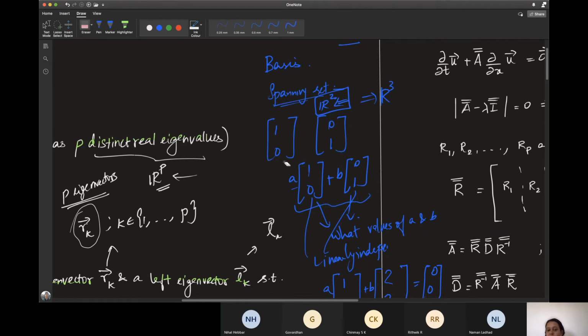Put any value for a and b; this is known as a linear combination of the vectors (1, 0) and (0, 1). Just by plugging in different values for A and B, you can obtain all the vectors in the space R2.